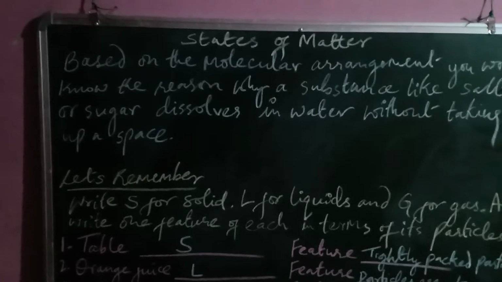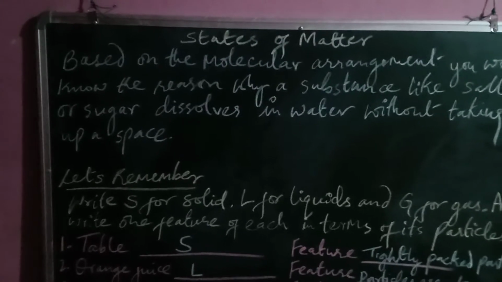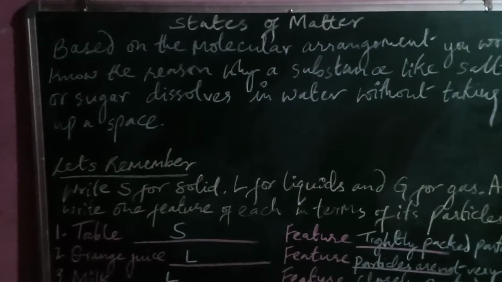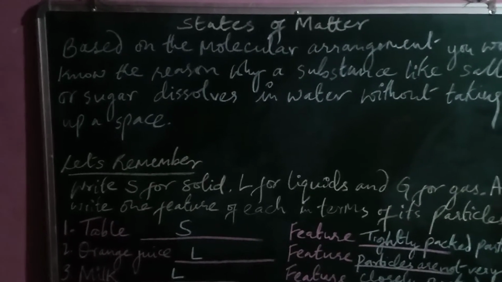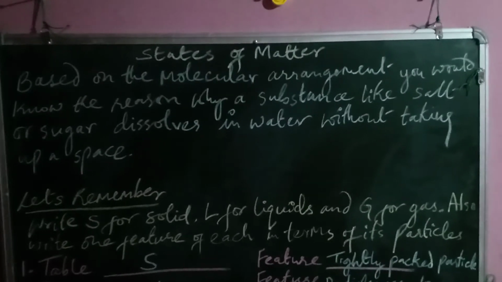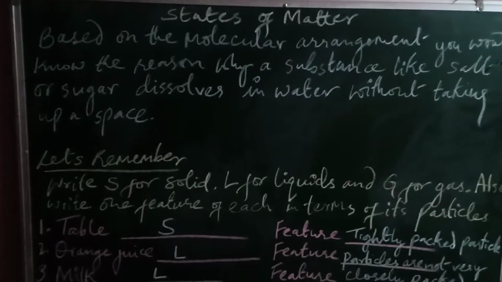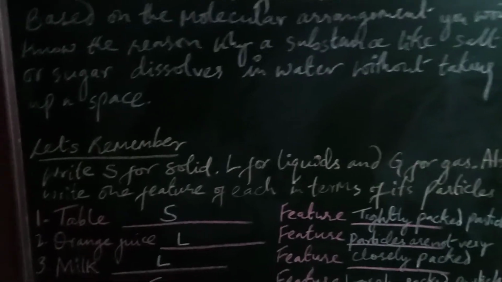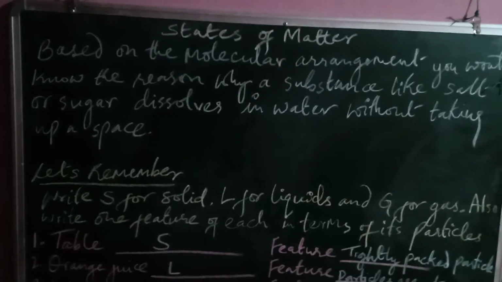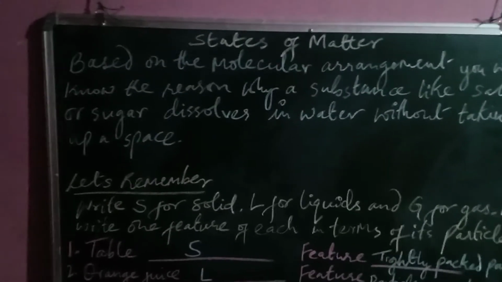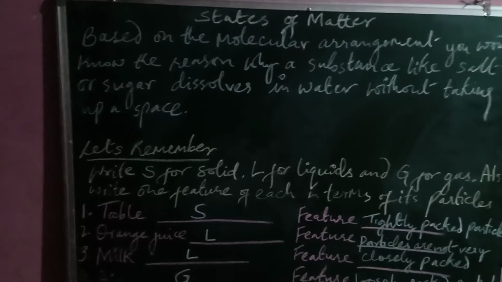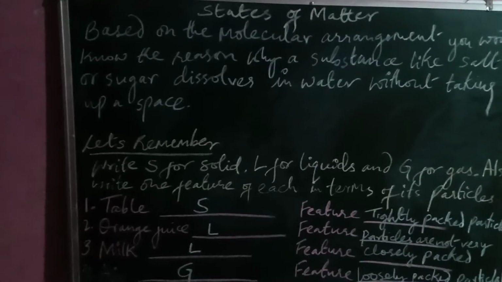Solids are substances in which particles are packed very close to each other. Solids are usually hard and have a fixed shape. Pencil, book, chair, and marbles are some examples of solids. The molecules are tightly packed together. From this arrangement you would know why substances like sugar and salt dissolve in water.